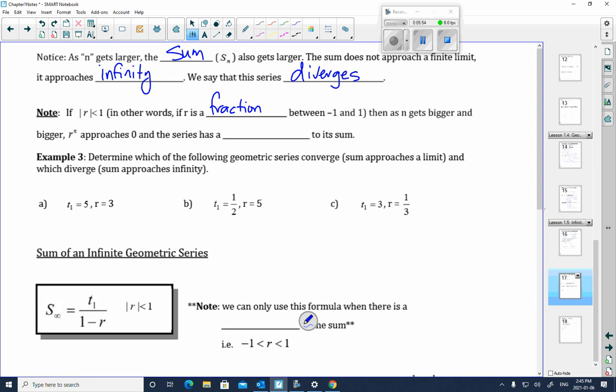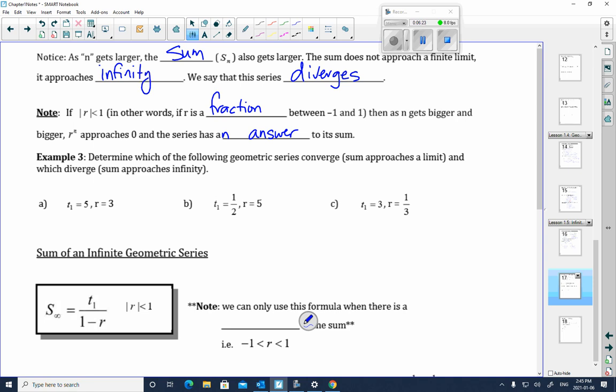And then as n gets bigger and bigger, r to the power n basically approaches 0, and the series has an answer to its sum. Otherwise, it doesn't have an answer. You can't add forever. It would be infinity, right? So the way you can tell, again, is that the common ratio is between negative 1 and 1.